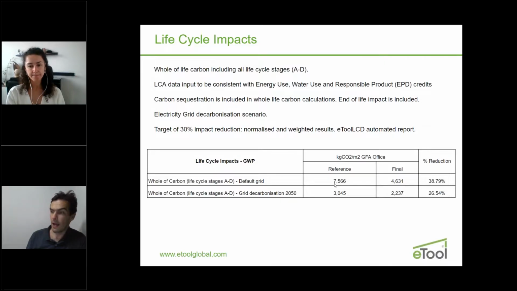The impacts are quite high, 7.5 tons per meter square, and the final is 4.6 tons. When we consider the decarbonization throughout time, the impact reduced significantly to 3 tons and 2.2 tons.